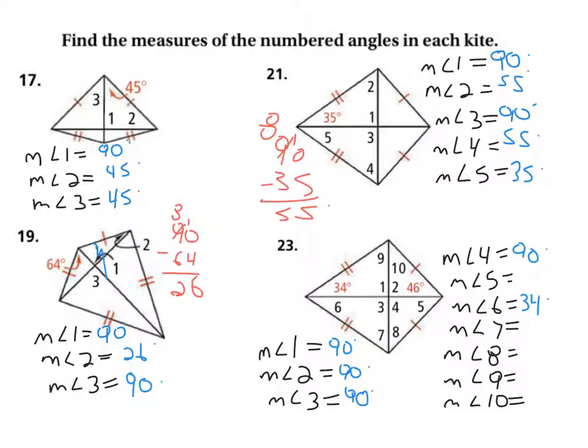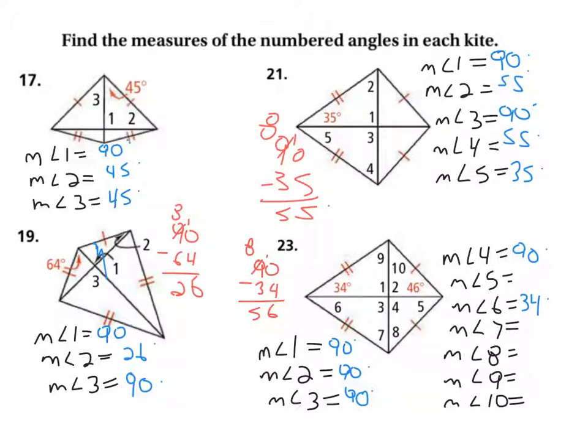Okay? And what's next? Well, 34 degrees and this angle number 9 have to be the other 90, since 1 is 90, that's the sum to 180. So we can do 90 minus 34, and we get 56 degrees.